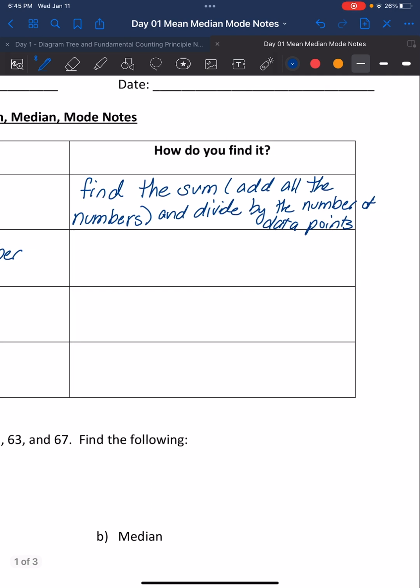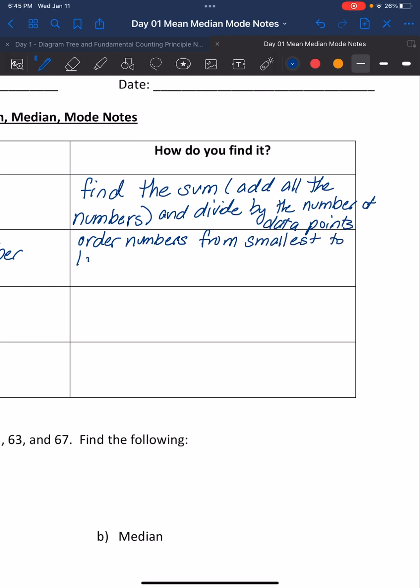The most important thing, foot stomper. When I do a foot stomper in class, you guys know this is something really important, all right? It is going to be on your quiz or test. It is the order. The first thing you do is order numbers from smallest or least to largest.